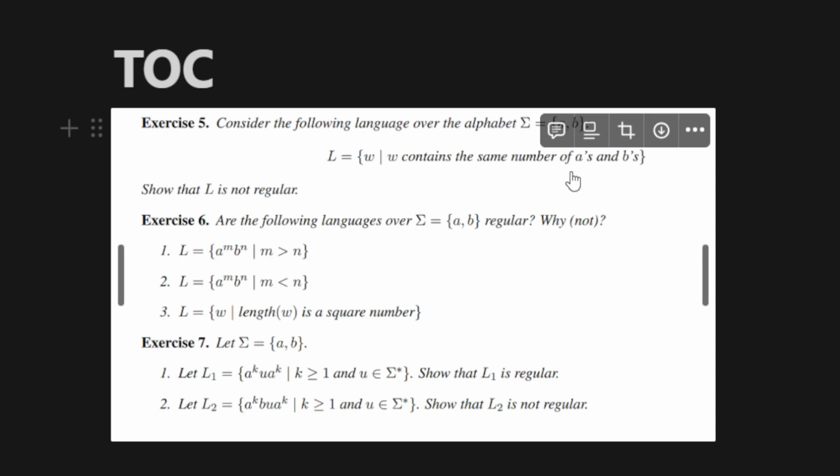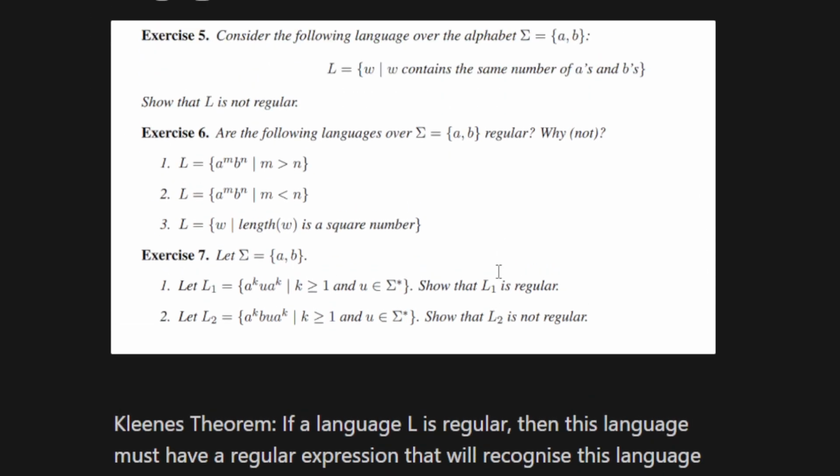Whereas here, it's not in notation form, and hence it might be easier to reduce the language down to some other language that is a subset as well. So yeah, I think you should have a go at exercise 6 and 7.